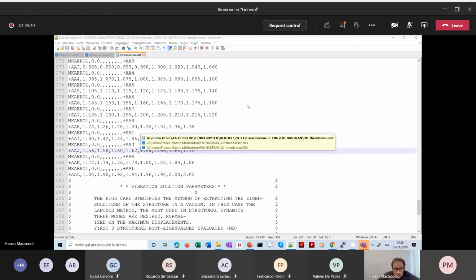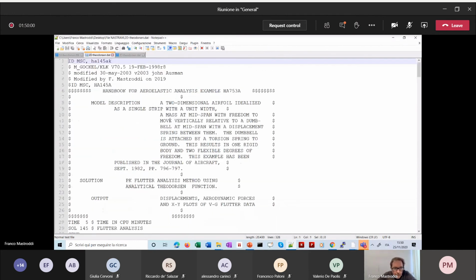I would like to skip all the introductory comments about the structure of a Nastran input file, because I know that most people present are very confident and familiar with this kind of data input.